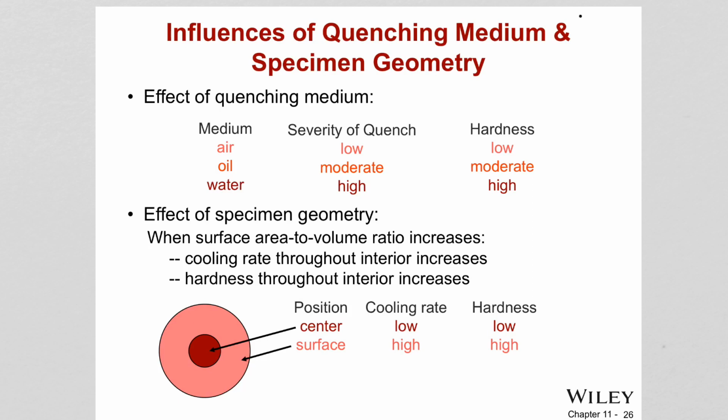Basically, if the surface area to volume ratio is larger, then you expect a more rapid cooling rate, therefore a deeper hardening effect. Think about irregular shapes with edges and corners: they will have very large surface to volume ratios. Therefore, they are easier to harden by quenching.